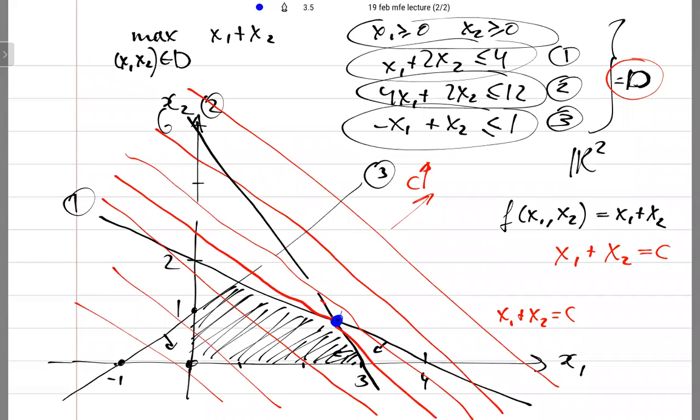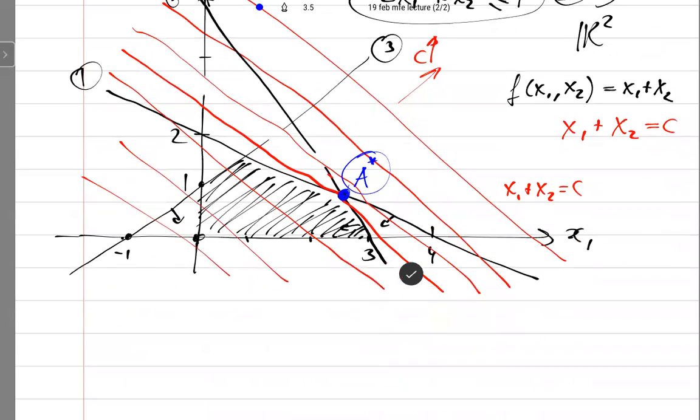You draw the inequalities, you draw the level curves of the objective function. For a linear programming problem, everything will be just straight lines, no parabolas, no sine, no cosine, just a lot of straight lines. And this is the obvious optimal point.